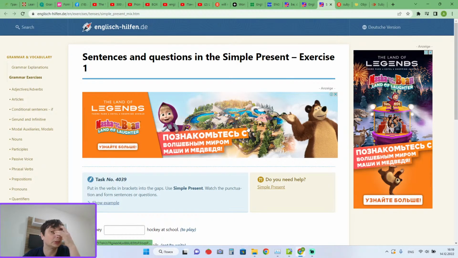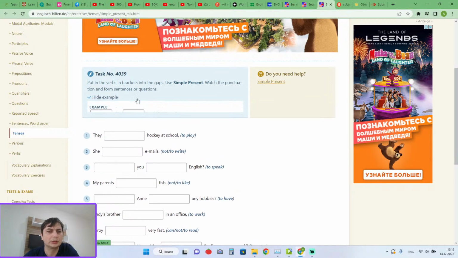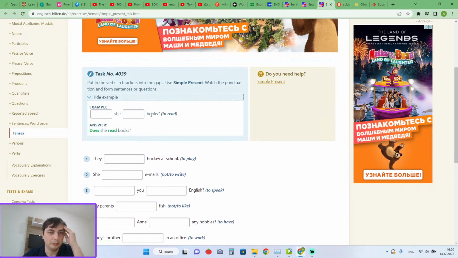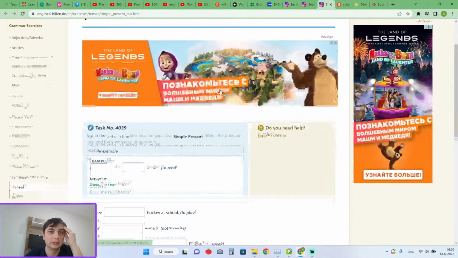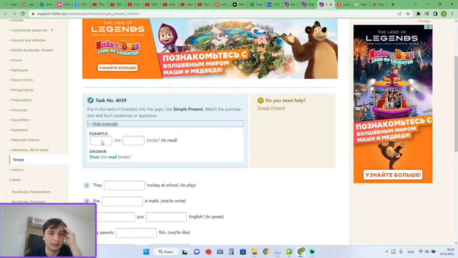Sentence and question in the simple present, exercise 1. Put in the verbs in brackets into the gaps.